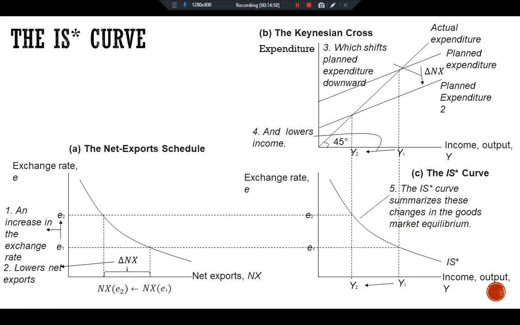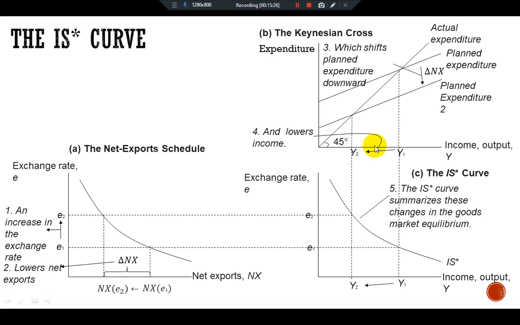The IS star curve here is derived from the net export schedule and the Keynesian cross. In the first panel we present the net export schedule: an increase in the exchange rate from E1 to E2 gives lower net exports from NX(E1) to NX(E2).